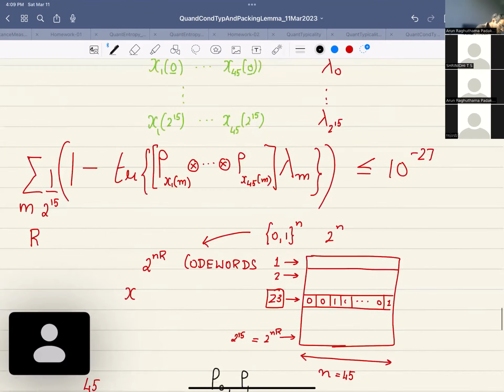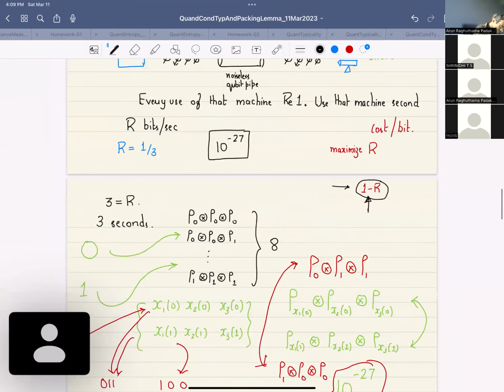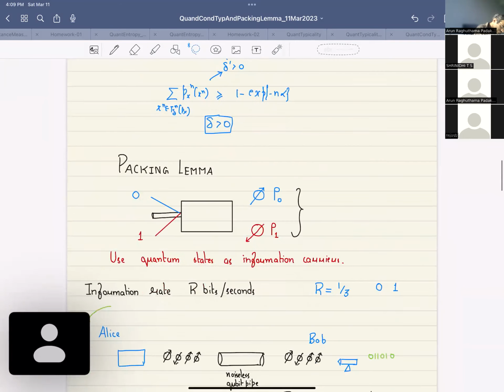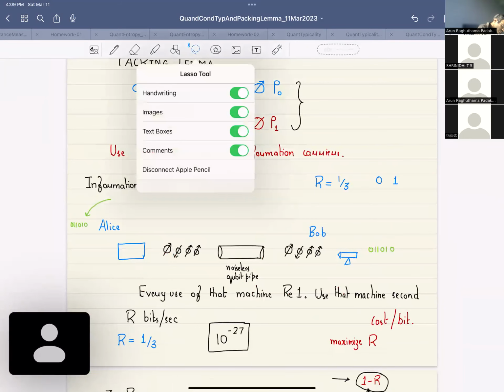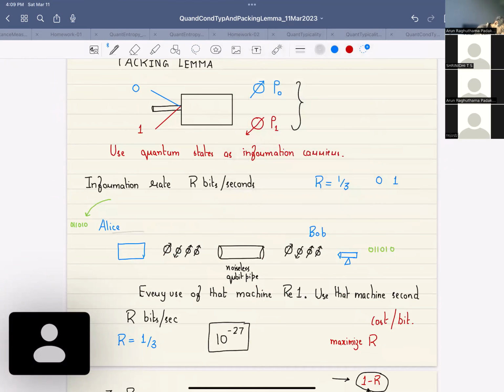So what do I mean by a channel? This whole box is thought of as a channel. You can only choose the location of the levers here, and once you choose the location, the quantum state comes out.